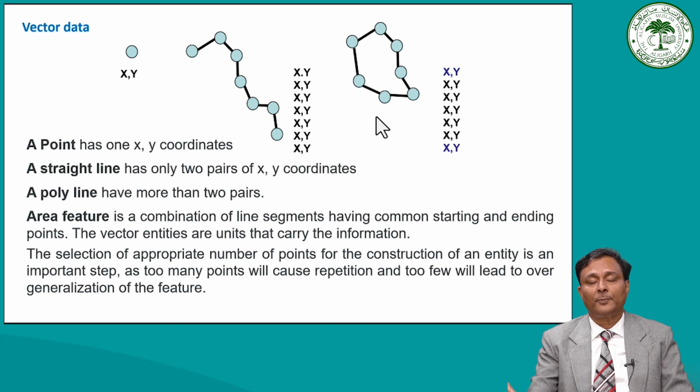But if we are representing line or polygon spatial information, then we should be very particular that we do not have too many vertices, because that will lead to more repetition of XY coordinates, and if we reduce them too much, then the map or the area being represented would be generalized a lot. So we have to make adjustments and compromises depending on our requirement.